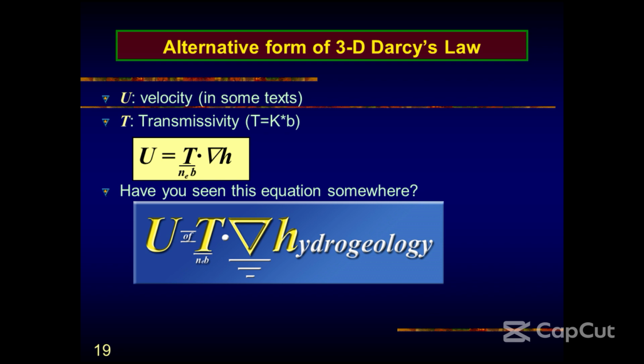Or minus K over n del H. Okay? And now K is equal to what? T over b. Right? T divided by b. And here you have n_e, which some texts use to denote effective porosity. Okay? So have you seen this equation somewhere in hydrology? But you see, this is divided by n_e b.